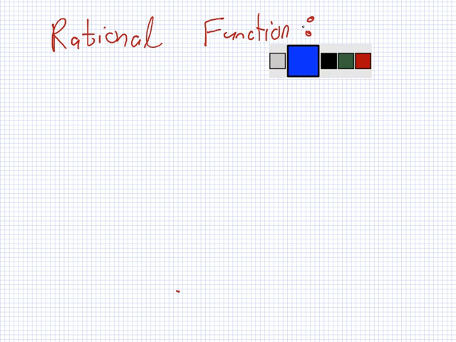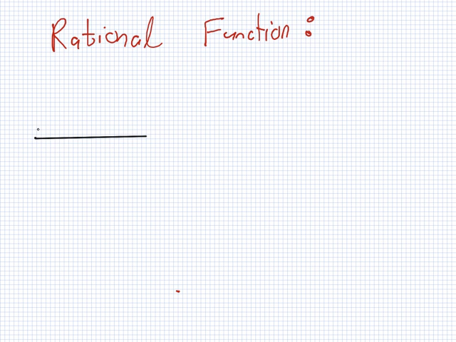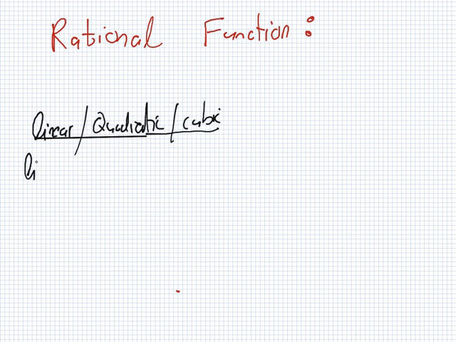Right, now we can continue. So, a rational function simply is a function which is a fraction, and on the top we have something called a polynomial. A polynomial is just something like a linear, a quadratic, or a cubic. And on the bottom we have something which is also a polynomial, which can be a linear, a quadratic, or a cubic.